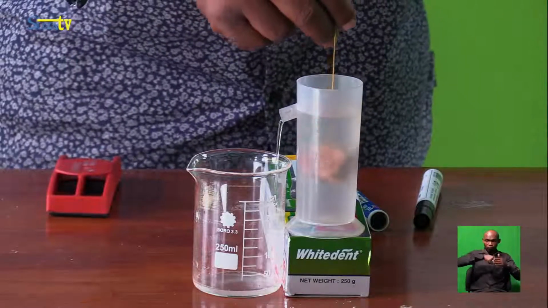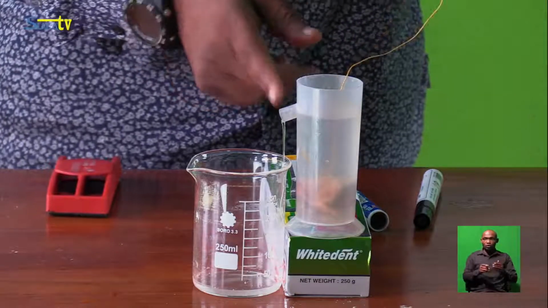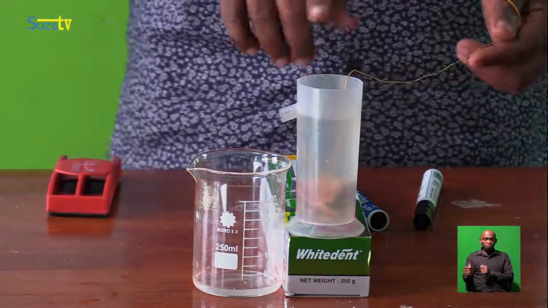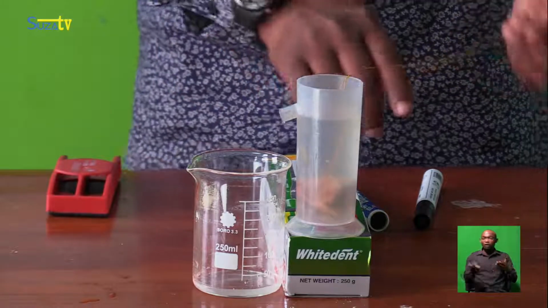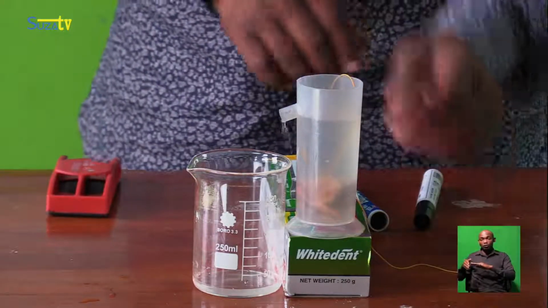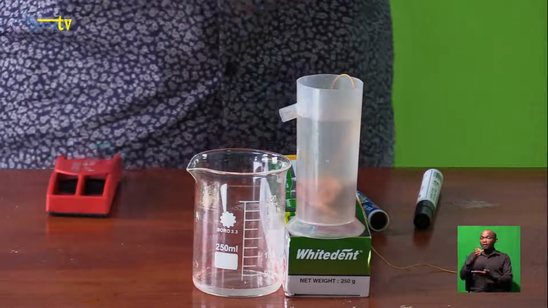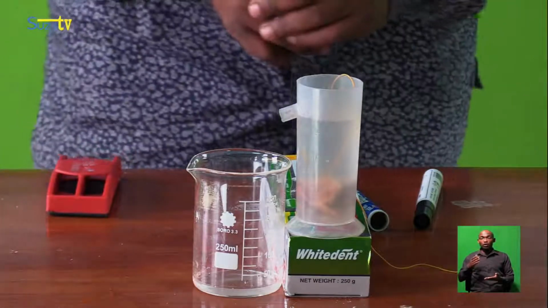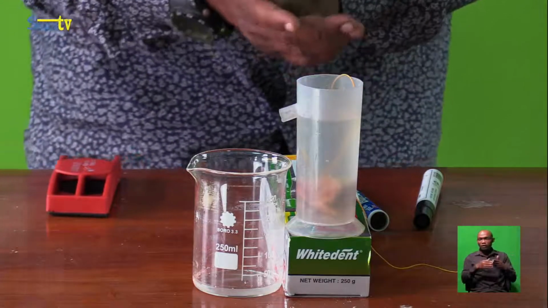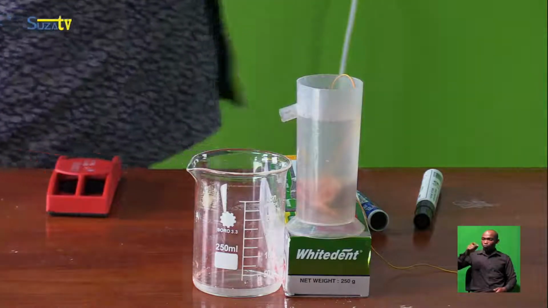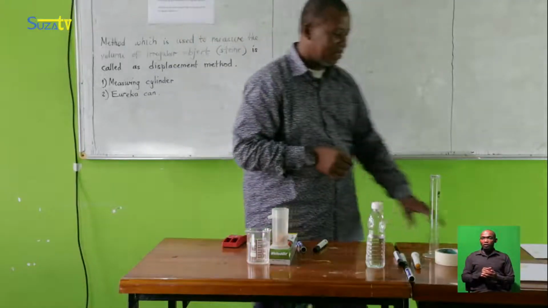Then what can we observe? The water is coming out of the Eureka can into the beaker. So we have to wait until the last drop. That was procedure number 2.